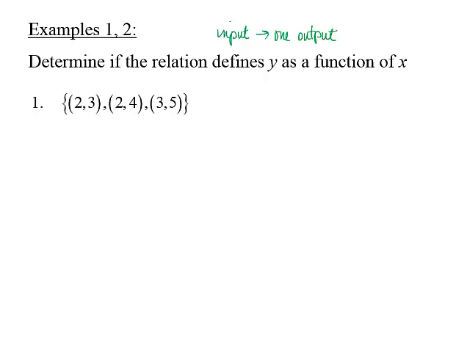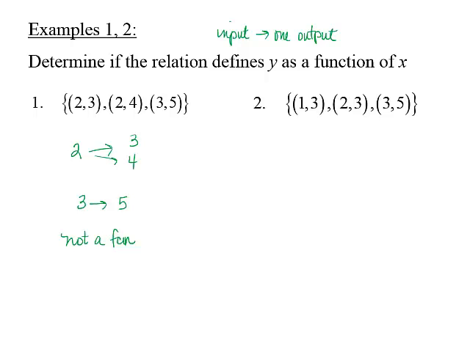From this set, if I input the value of 2, I can either get 3 or 4. My input of 3, I only get one value, which is 5. So this is not a function. It contradicts the definition, because that value of 2 has 2 different outputs.